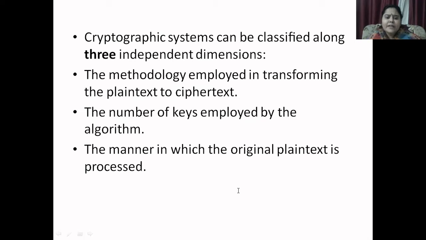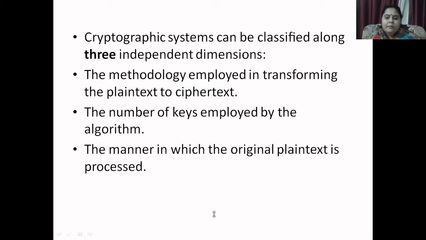The number of keys, next, the second point, is the number of keys employed by the algorithm. In this, symmetric keys and asymmetric keys are used. The symmetric keys, shared or conventional encryption: the same key is shared by both the sender and the receiver.